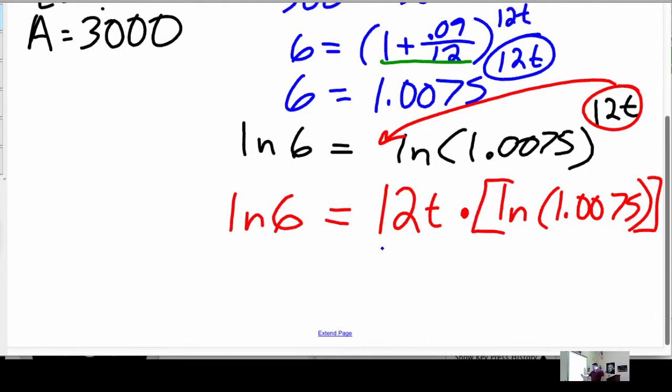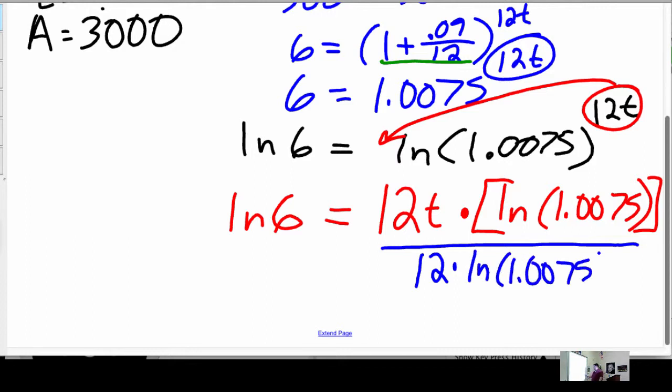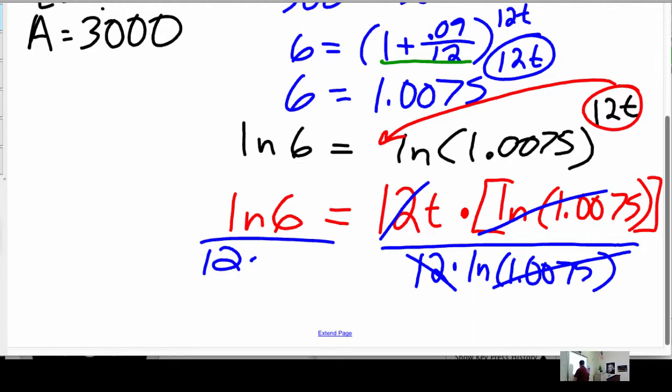So if I divide the left-hand side by 12 times the natural log of 1.0075, this cancels, this cancels, and I've got t by itself.